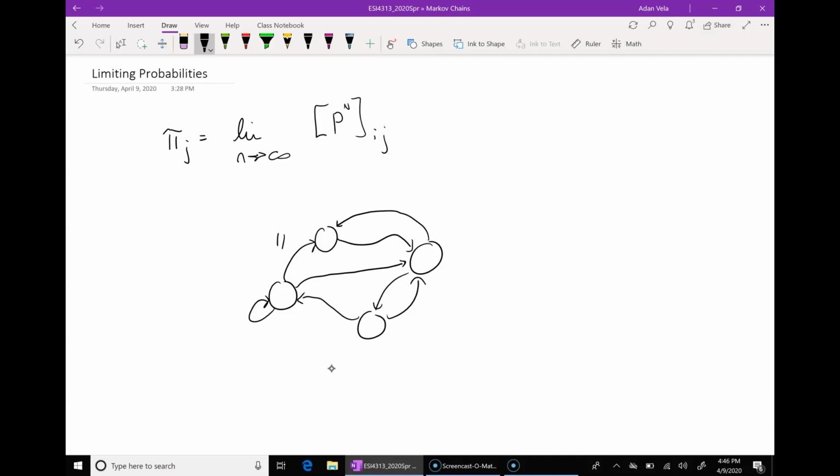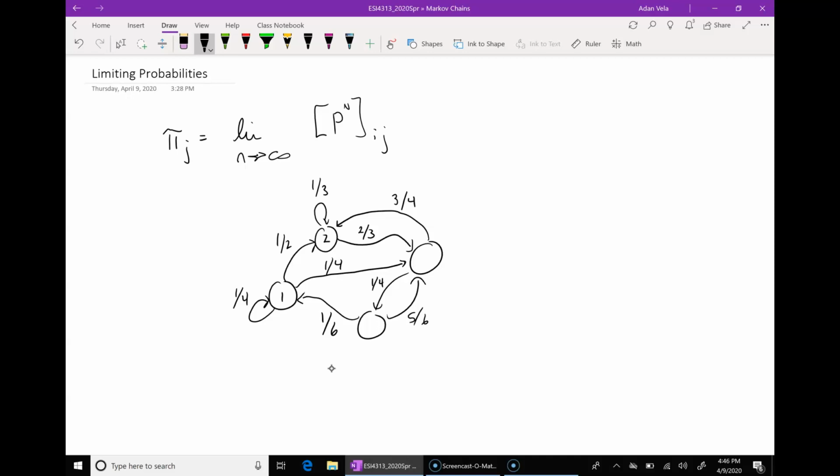Okay, so I'll make this 1/2, 1/2. 1/4, 1/4, 2/3. I'll put a self-loop here, 1/3, 3/4, 1/4, 5/6, and 1/6. Okay, so there goes our Markov chain.